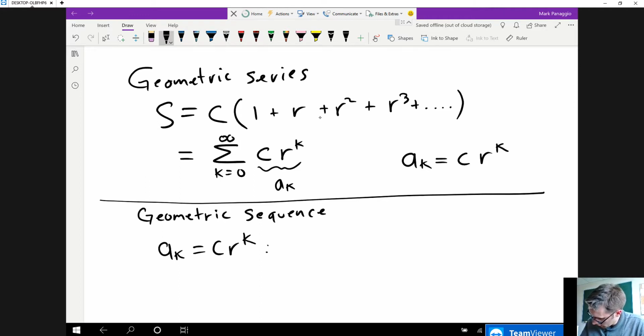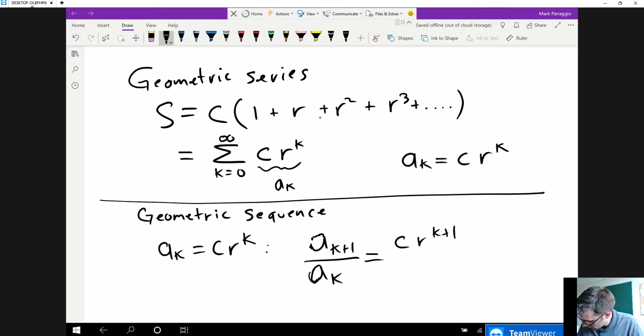And the main thing to notice is that if you take two consecutive terms and you take their ratio, you will get c r to the k plus 1 over c r to the k. The ratio, notice the c's cancel. Most of the powers of r cancel, and we're left with just r.